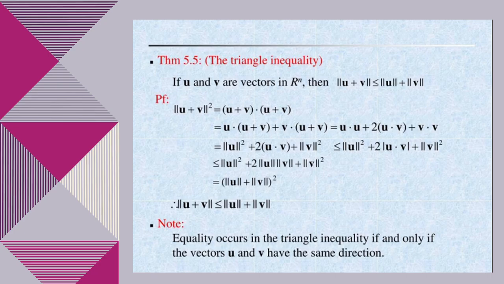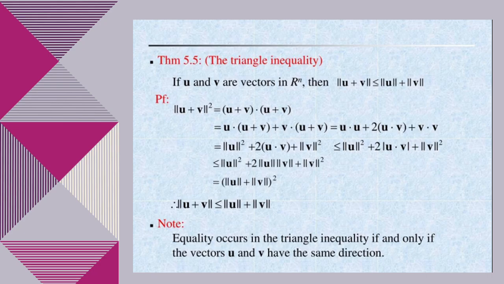Since u dot v might be negative, we replace it with its absolute value to make the inequality safe, and then we use another rule, the Cauchy-Schwarz inequality, to show that everything fits perfectly into the squared form of the length of u plus the length of v.